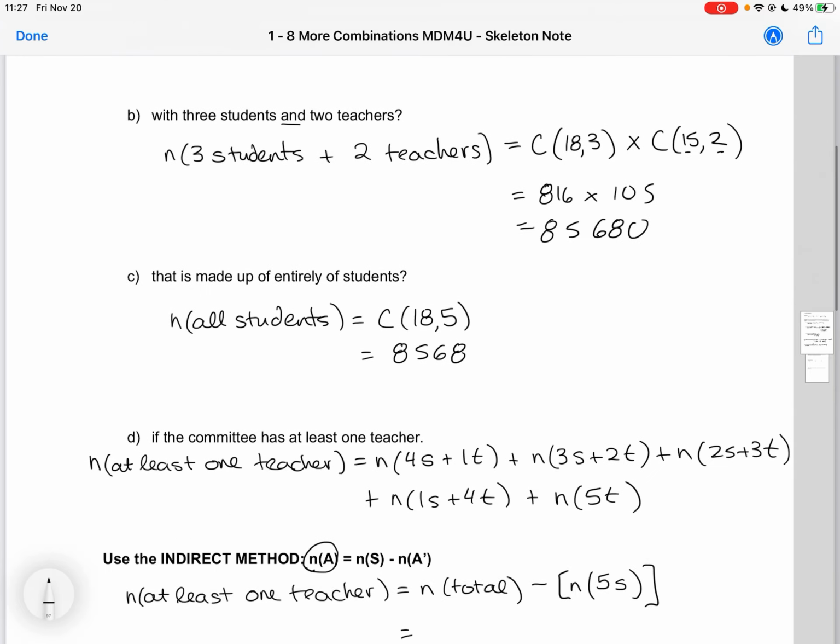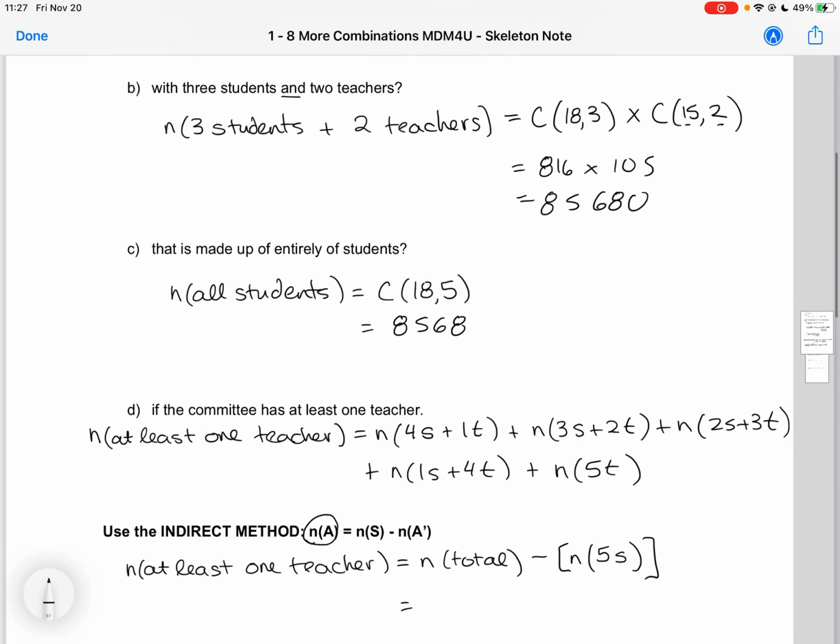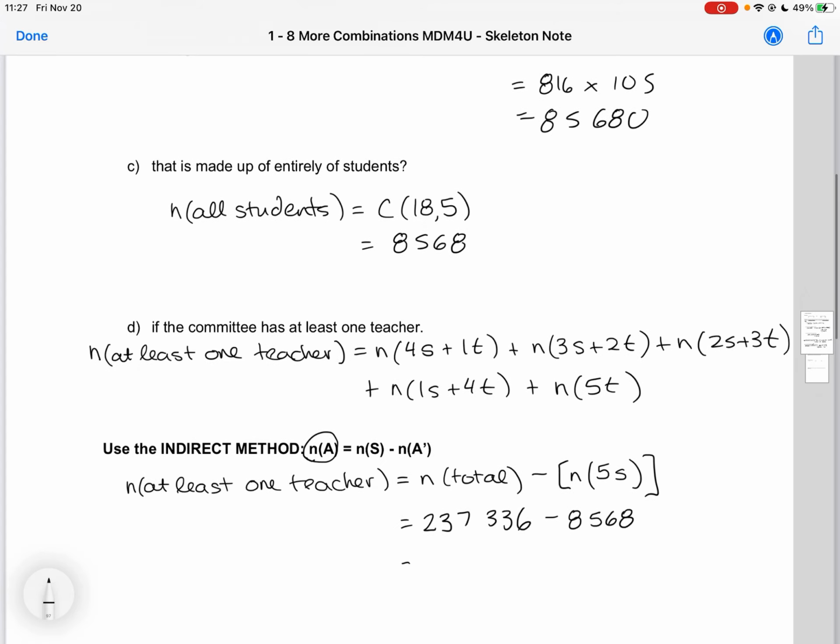So here, our total we calculated before from part A. So we've got 237,336, and we're going to take away our answer for C, which is the number of groups that are made entirely of students. Subtracting those is going to give us the number of possibilities where the groups have at least 1 teacher.